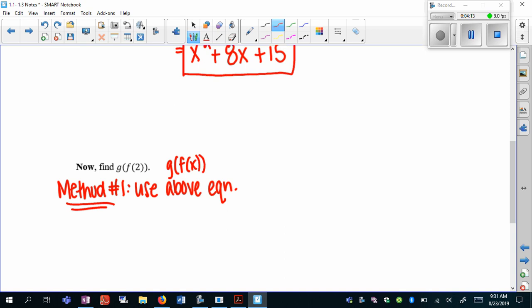So I could find that, and then I could plug in. That's all it's saying. So I'm going to go ahead and say g of f of 2 is equal to, and I'm taking this equation from right here. So I'm going to plug in 2, and wherever there's an x, I'm putting parentheses to plug in. And then I would just type all of that in the calculator using parentheses, and I'm getting 35.